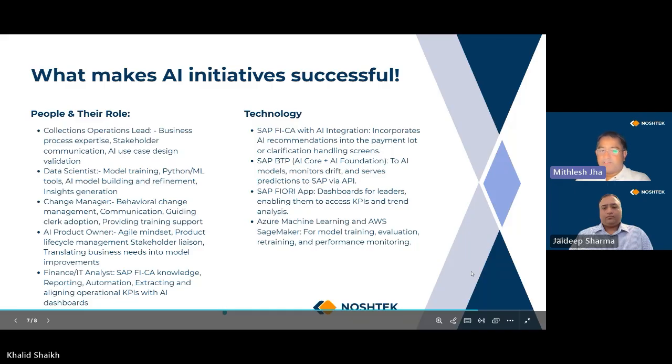That's where my experience with FICA and FSCD comes in. What I have seen is customers using FICA and FSCD underutilizing the clearing workbench. If you already have a clear understanding of what information is needed to make sure that these cash allocations can be done properly, and if you have that understanding within your organization, you don't have to wait for AI to tell you how it should be matched.